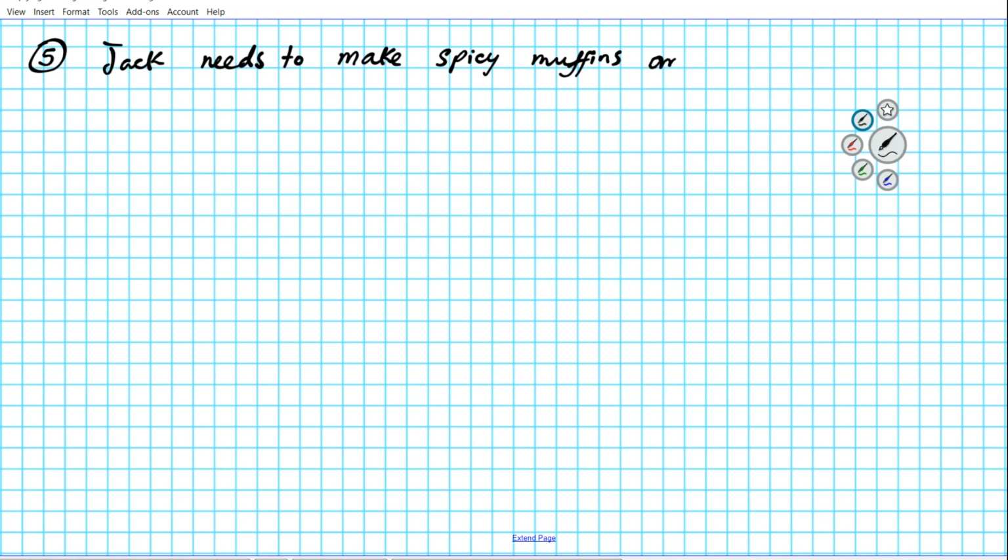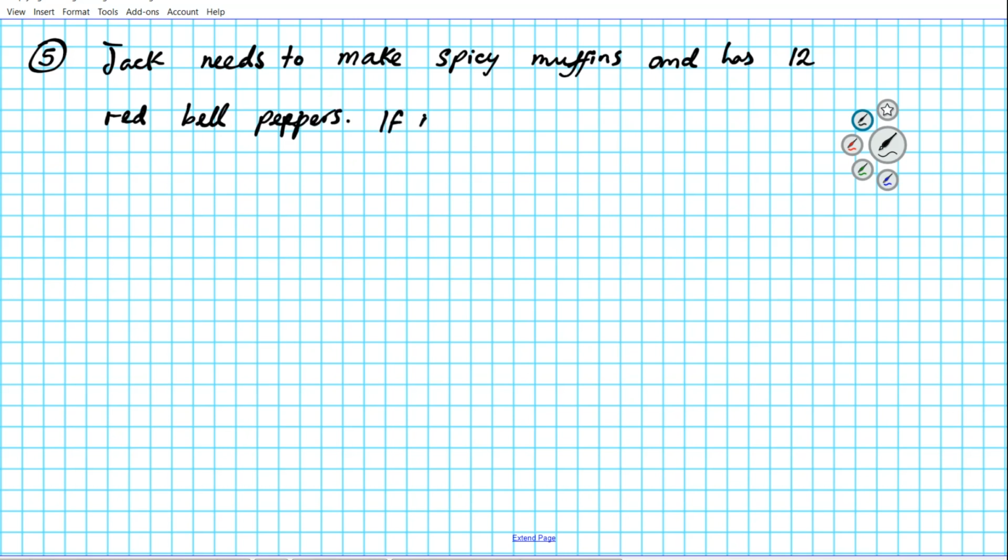And he has 12 red bell peppers. That's what he's going to be putting in each muffin. All right, so he has 12 red bell peppers.